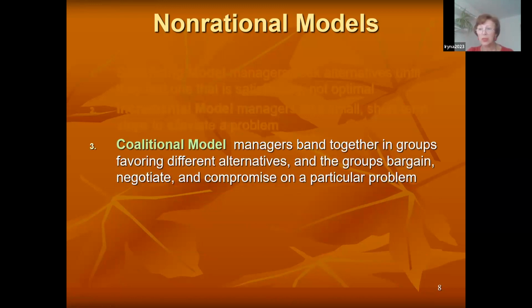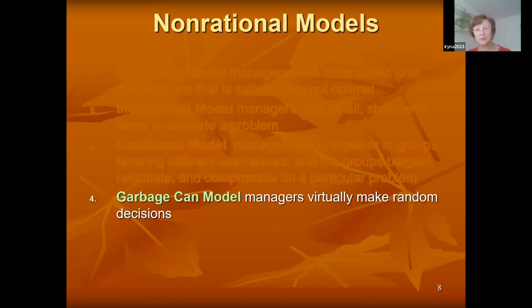Well, in the coalitional model, managers come into groups that favor different options, different alternatives. The groups negotiate, the groups bargain and compromise on some particular problem. Well, garbage can model, managers virtually make random decisions.